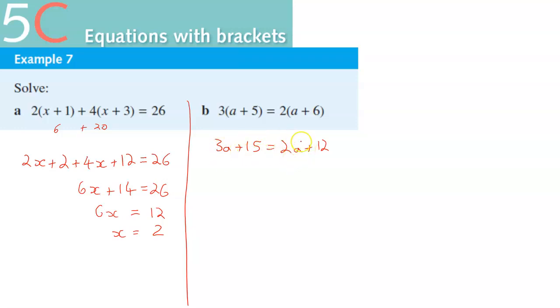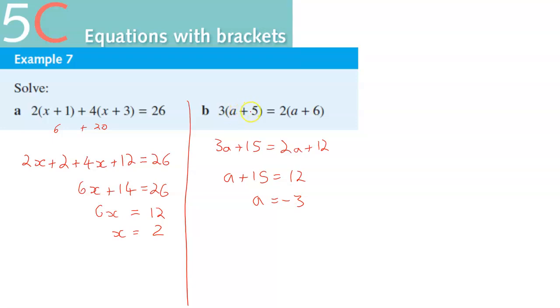So I've got 3a's here, 2a's here. I'm going to get rid of the smallest amount. So I'm going to subtract 2a from both sides of my equation. Then I want the a to be by itself, so I'm going to subtract 15. A equals negative 3.